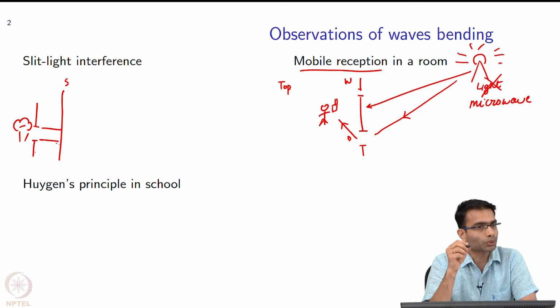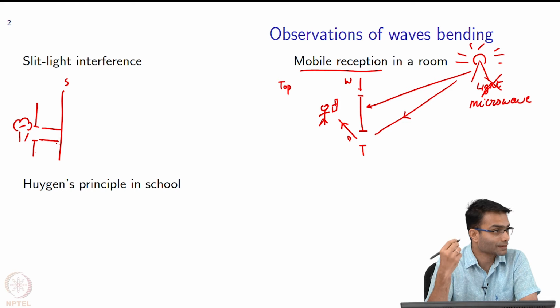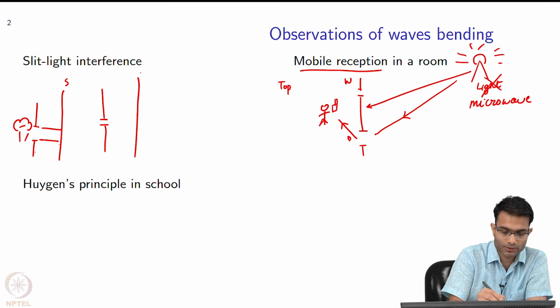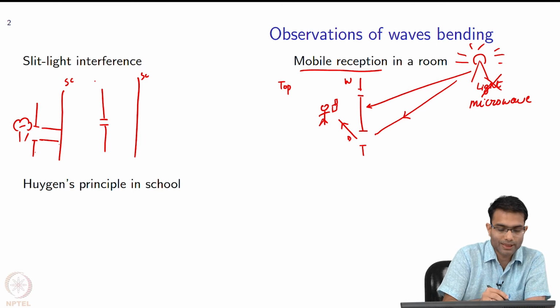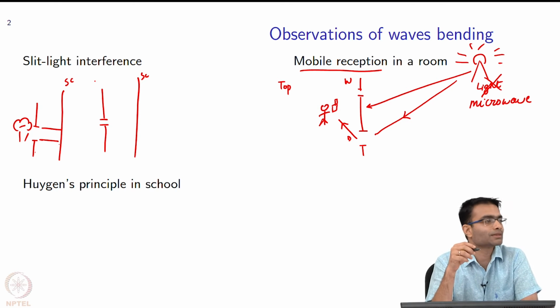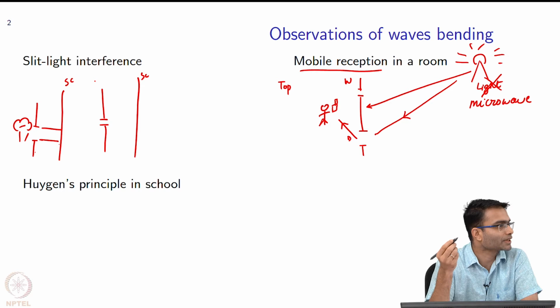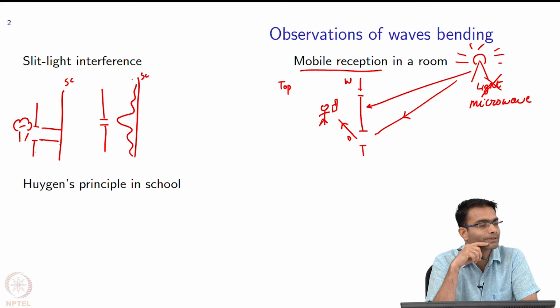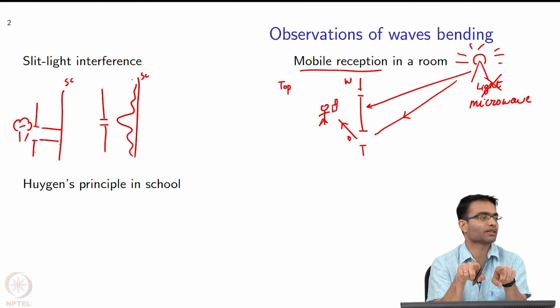But when you begin to shrink the size of the slit, when you make the size of the slit much smaller, this is your screen. Then you observe that there is an interference pattern on the screen. You will observe something like this happening, which cannot be explained if I assume light to be just rays.